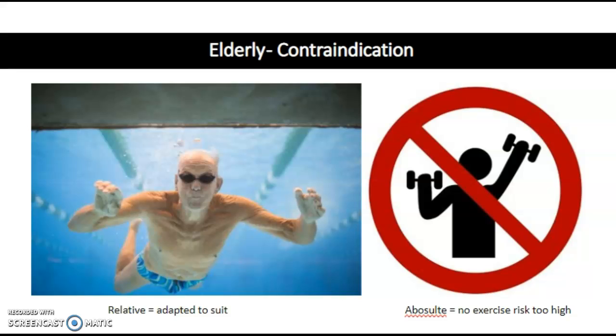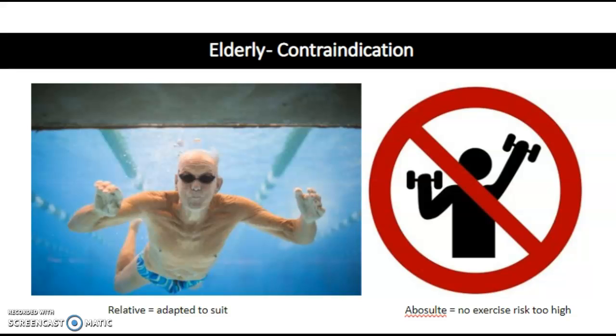However, there are 2 types of contraindications: absolute and relative. Absolute contraindications refer to factors which mean an individual cannot perform the activity under any circumstances, as it could cause significant injury or damage to them, possibly even being fatal. Whereas relative contraindications refer to factors which pose a risk.